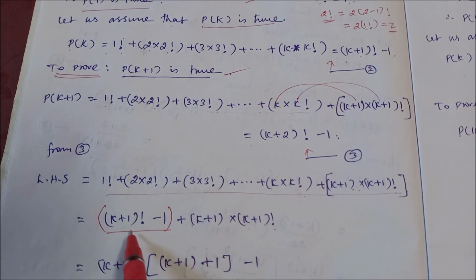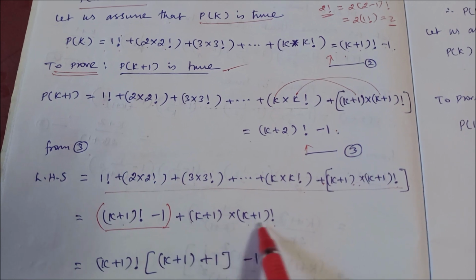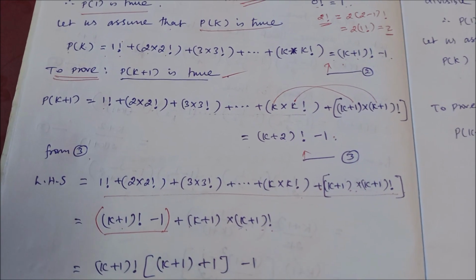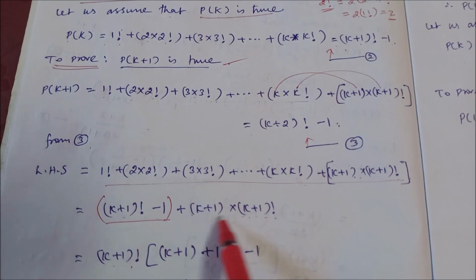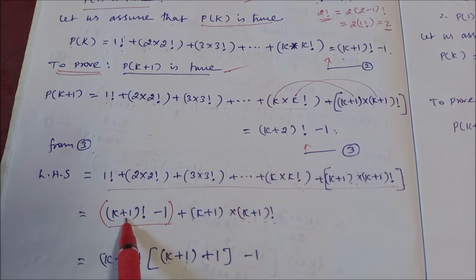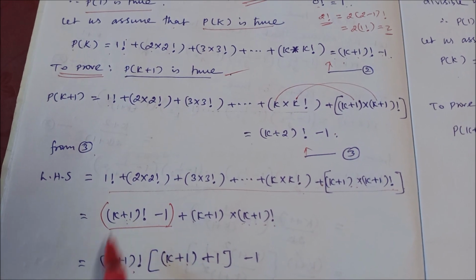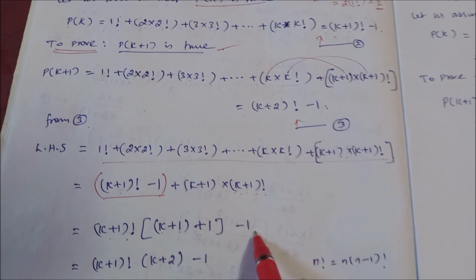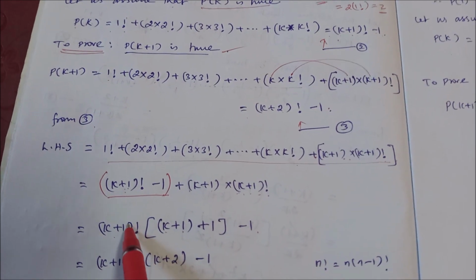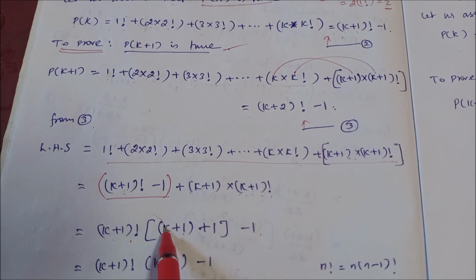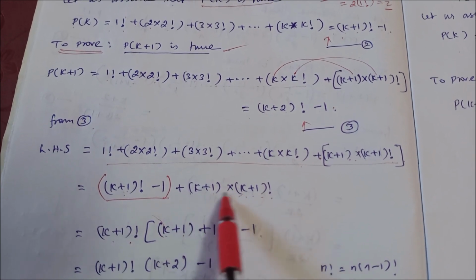Take the common term (k plus 1) factorial for both terms. We have (k plus 1) factorial, and the remaining terms are 1 plus (k plus 1), minus 1. Multiplying (k plus 1) factorial by this term gives (k plus 1) factorial into (k plus 1).